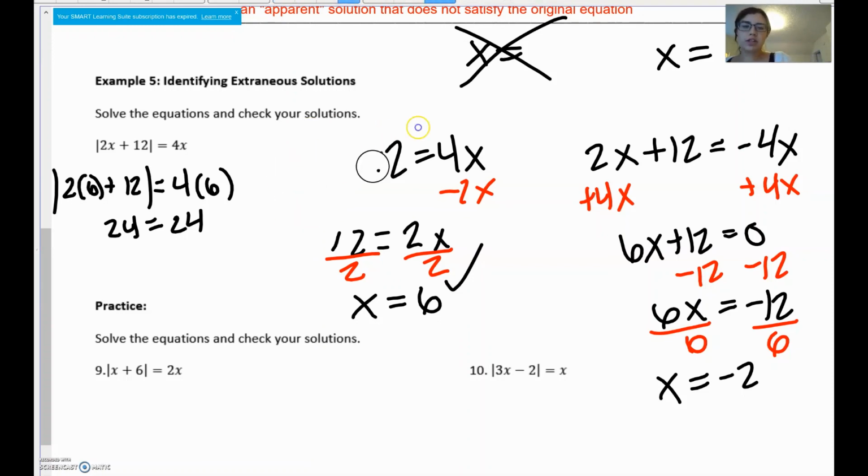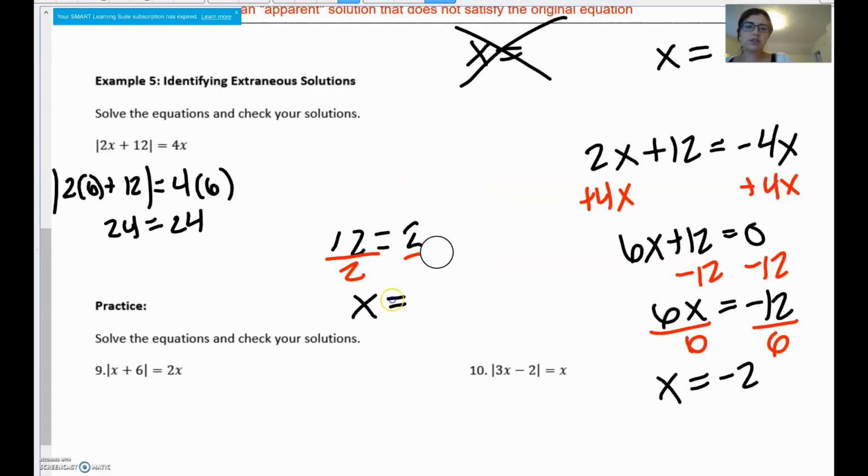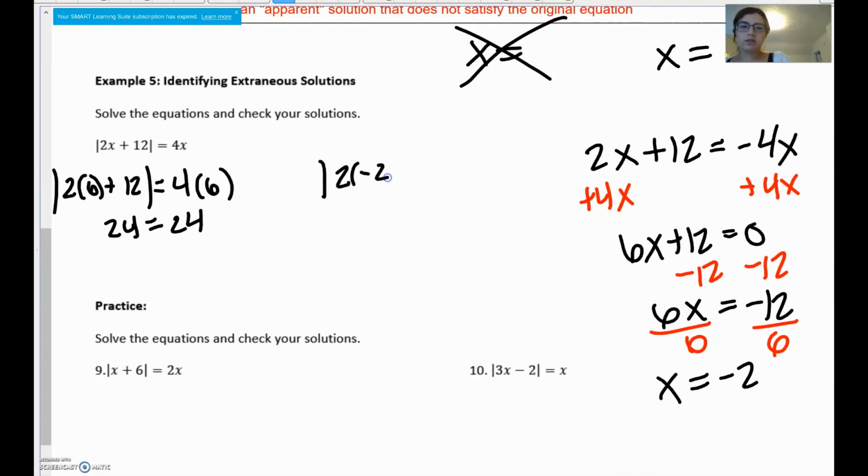I'm just going to check that right next door here. So we'll have the absolute value of 2 times -2 plus 12 equals 4 times -2. We do 2 times -2, that's -4. -4 plus 12 gives us 8.